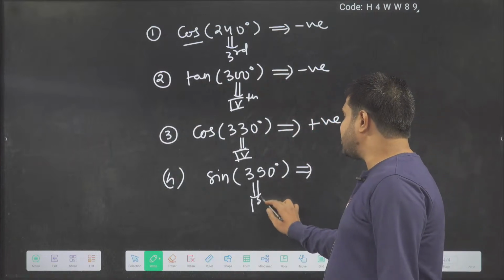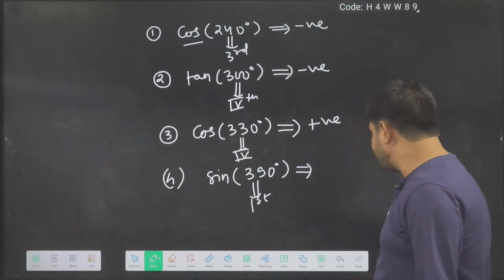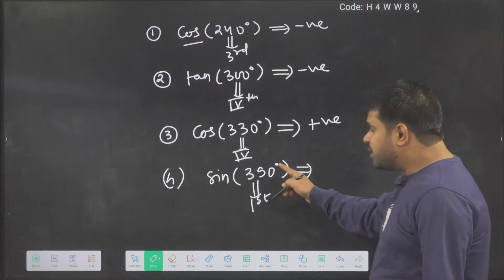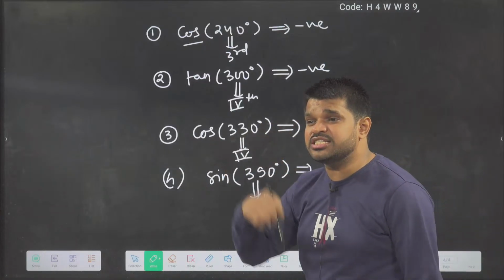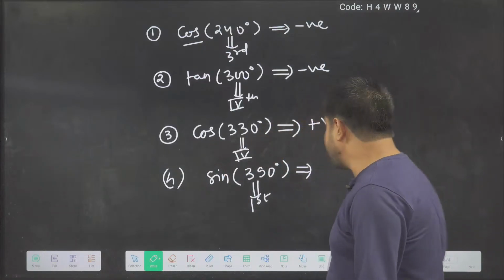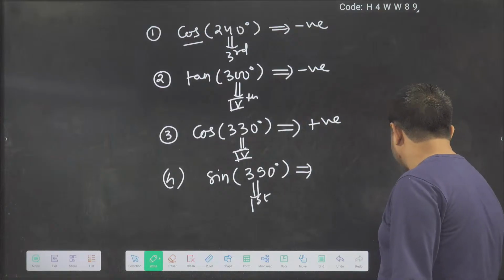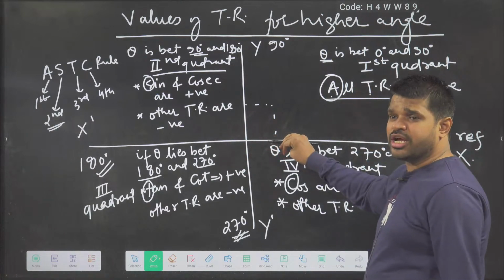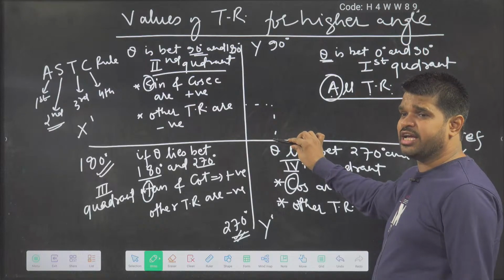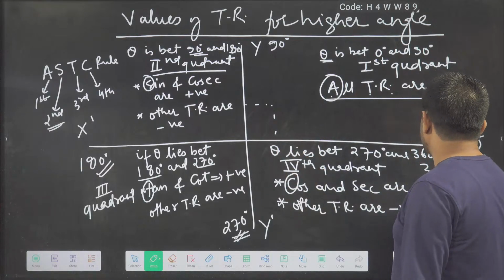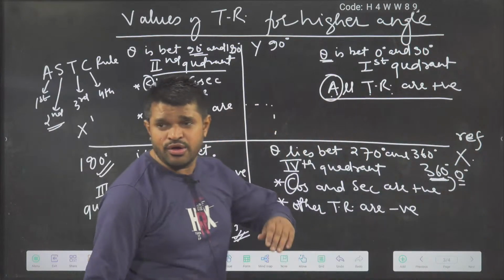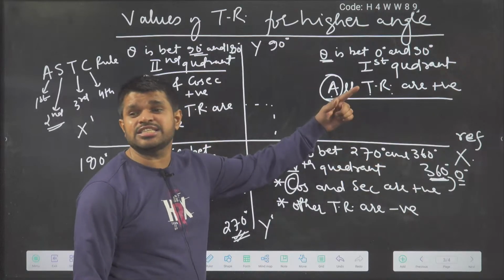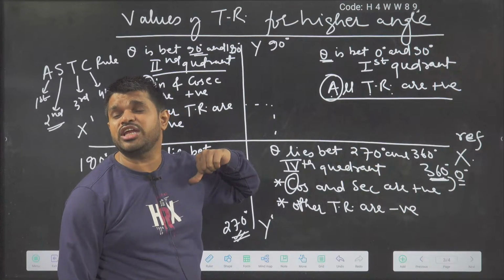390 degrees is in the first quadrant. Let me tell you how. See, 390 means more than 360. When you have already completed one revolution, 360 is completed. 360 plus an extra 30 becomes 390.